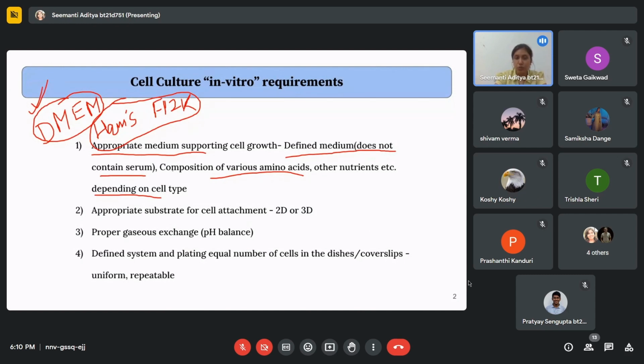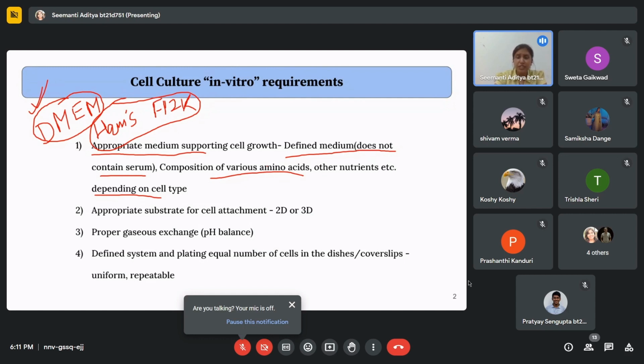Those components of the blood are essential for different nutrients, as well as protection, because serum contains certain antibodies and certain chemicals like immunoglobulins, which help the cells to be in a more physiologically relevant environment.